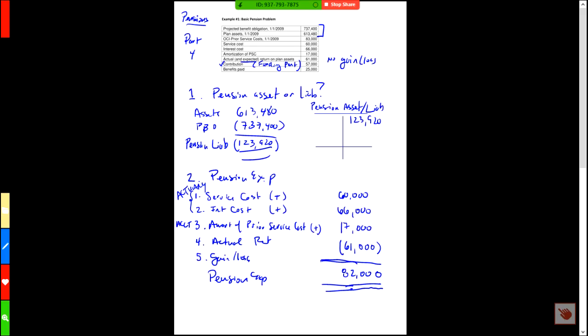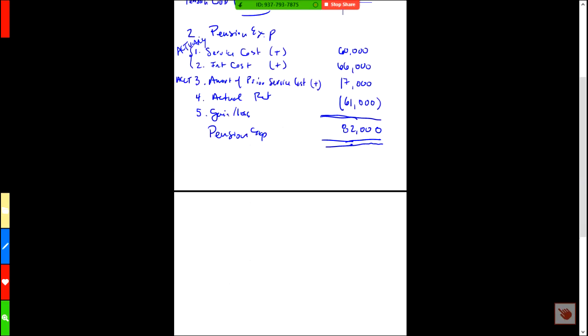So let's put this all together in a journal entry. This is the pension expense adjusting journal entry. FY01 year end.